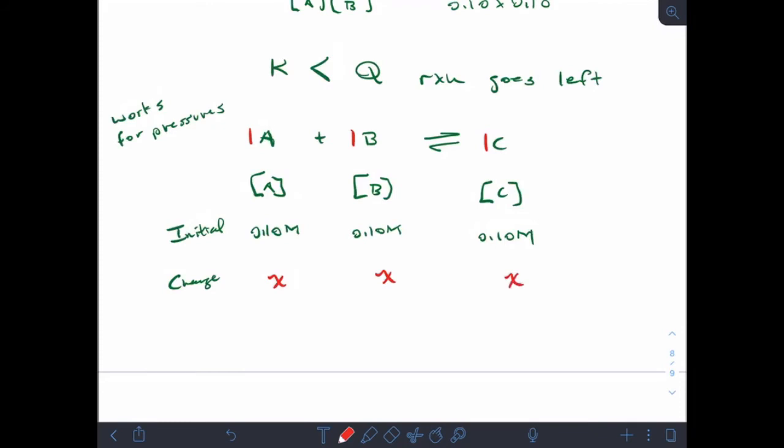If any of my stoichiometry were 2 or 3 or more, I would say 2x or 3x or 4x or whatever. Now the reaction goes left, so I'm losing some C and I'm making some A and B. So I'm going to say minus the change in C, plus the change in B, plus the change in A. So minus for disappearing, plus for appearing.